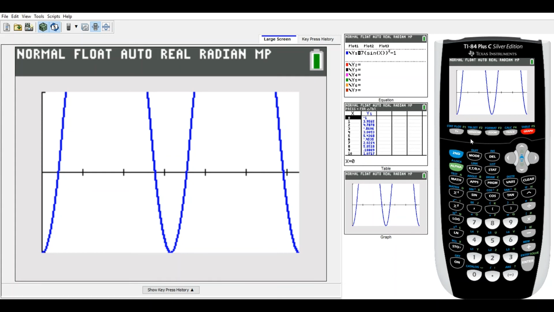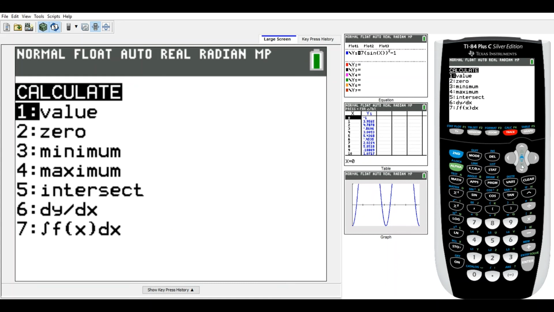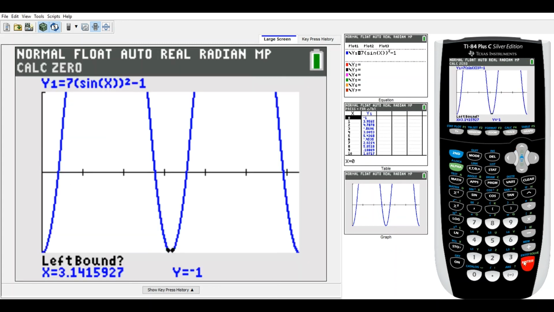And if we go ahead and hit second calc, instead of using intersect, we can actually use zero here, since this one was equal to 0. So if I hit enter, it's going to ask me pretty much the same questions, or similar questions. So this says left bound, so this just means we want to go to the left of one of these roots.